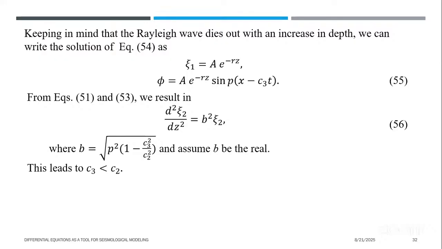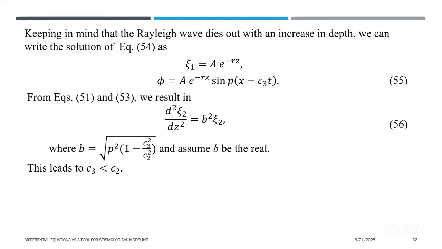C1 and C2 correspond to the P wave speed and the S wave speed for the isotropic medium. So the Rayleigh wave speed is lesser than the P wave and S wave speeds. That is well accepted. But how much lesser than the S wave? If we can get something more precise on it, it will be helpful.